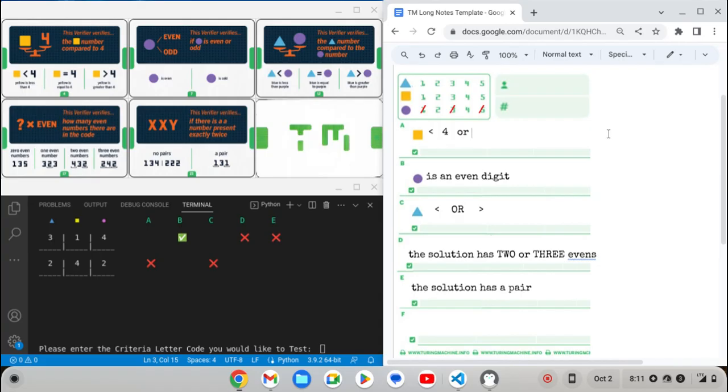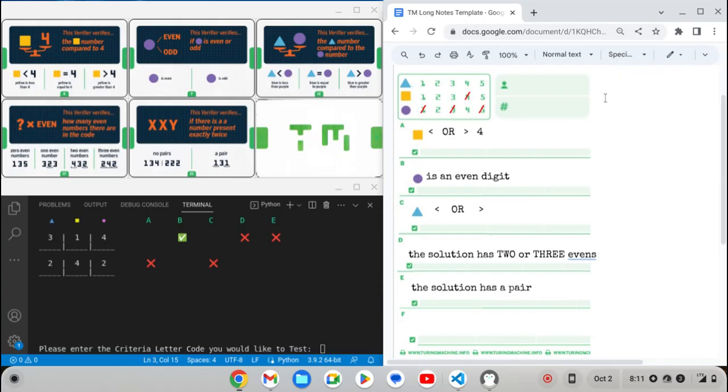Let me rewrite it as less than or greater than 4. Okay, well, so that just means that we can cross out the 4 for square since it's not 4.